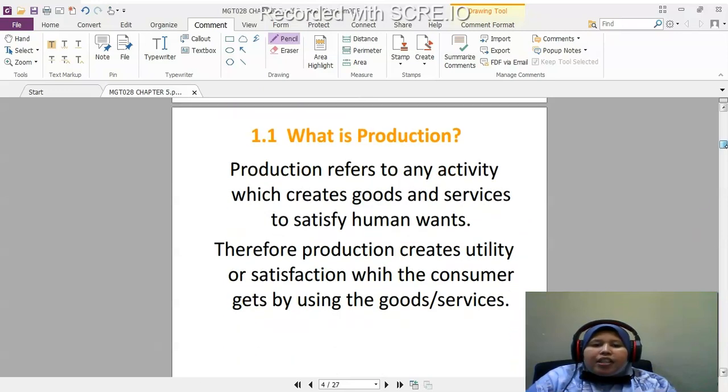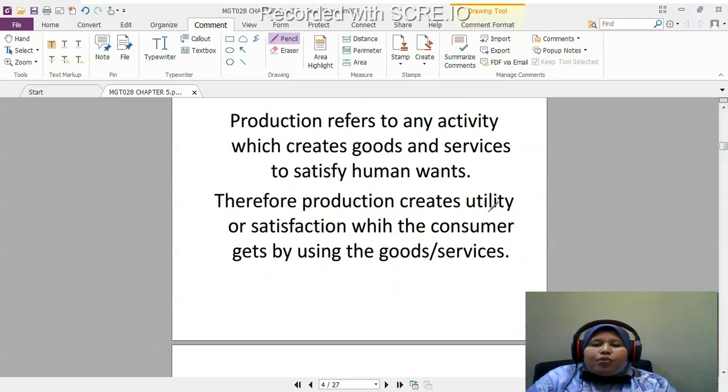Therefore, production creates utility, or satisfaction, which the consumer gets by using the goods or services. Production is an activity to produce the product or services.